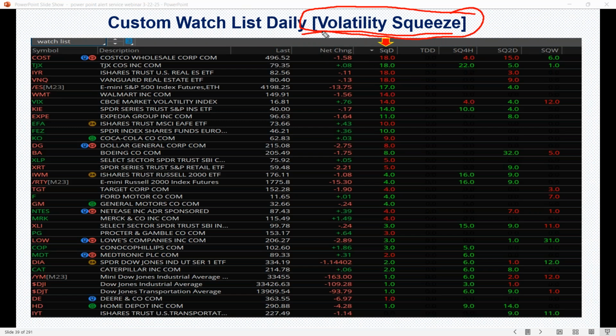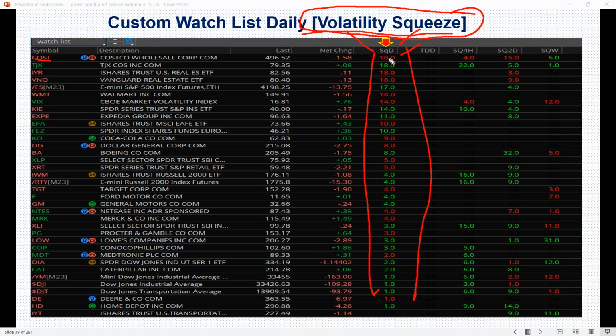In this quick example, you can see it says squeeze daily. That means these are all volatility squeezes on a daily time frame. You can see there's a whole lot showing up. And then it shows you the number of days in the squeeze. Just in this example, Costco is showing the number 18, which means it's been in the squeeze for 18 bars or 18 days.